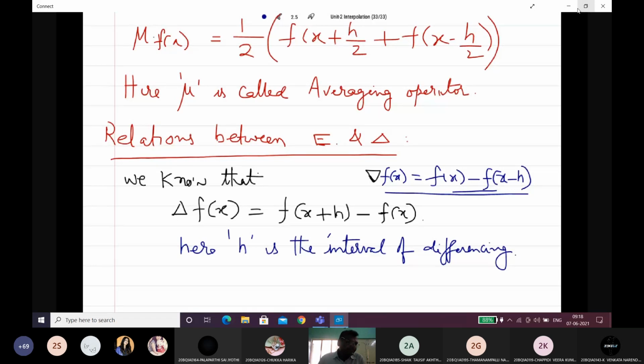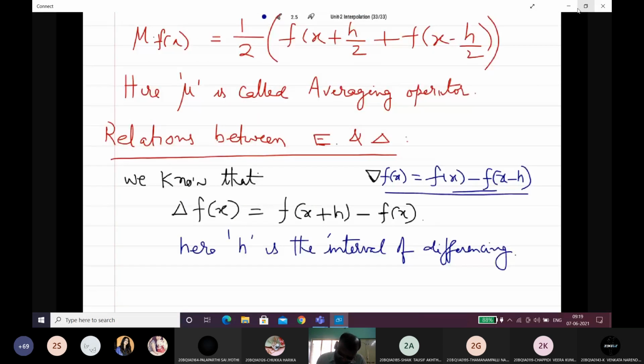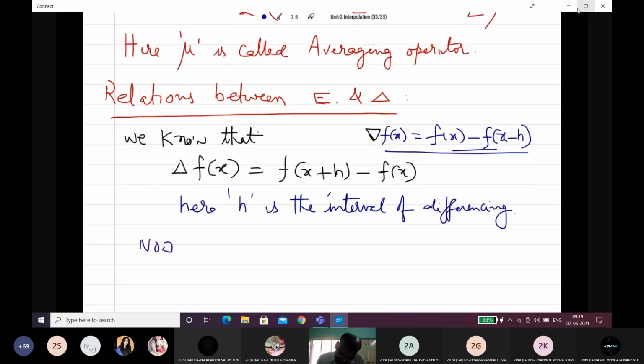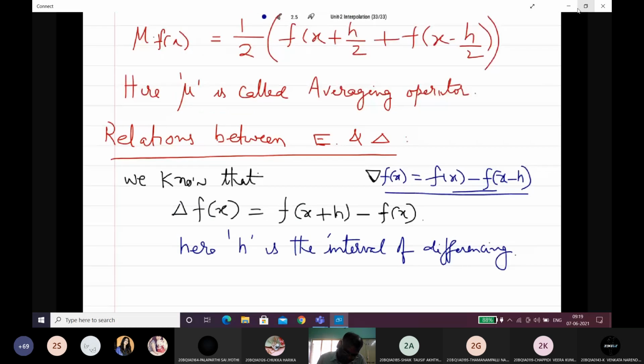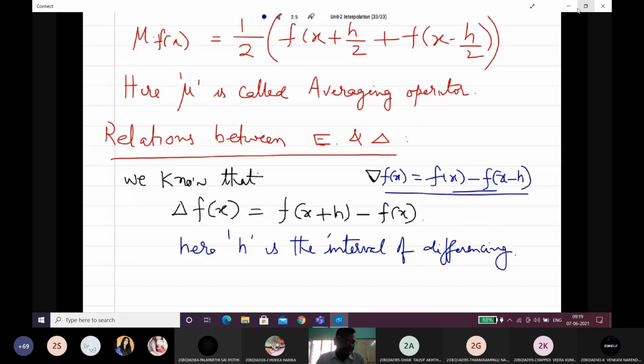Now, what is E of f of x? Already we defined it above.